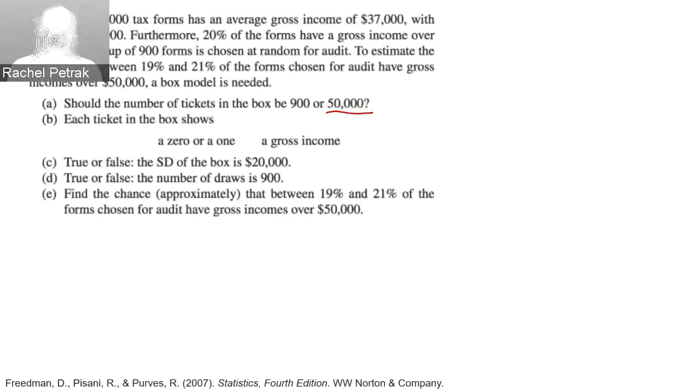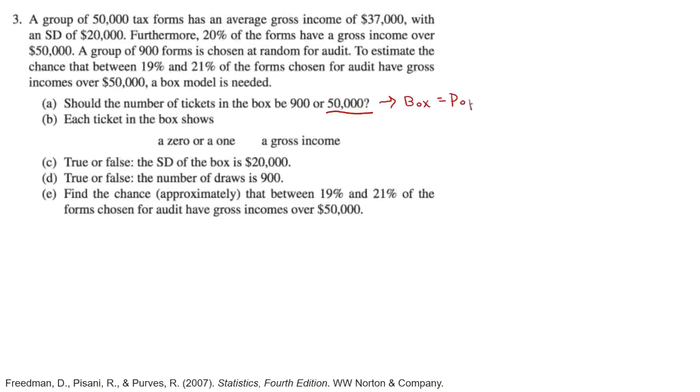That's why I did so many questions that help us visualize this. The number of tickets in the box is the population. And we know that the population is a group of 50,000 tax forms.